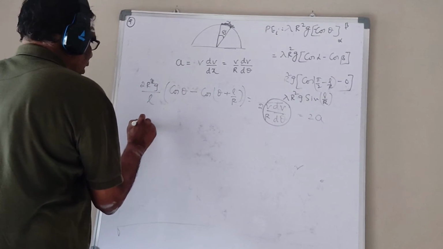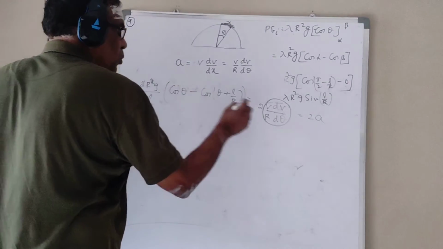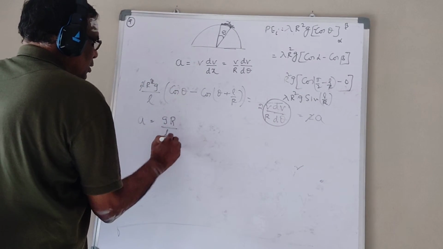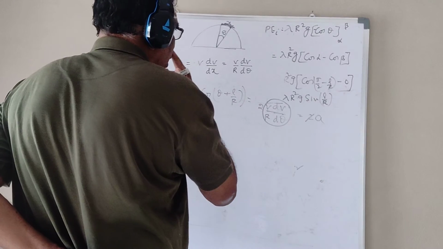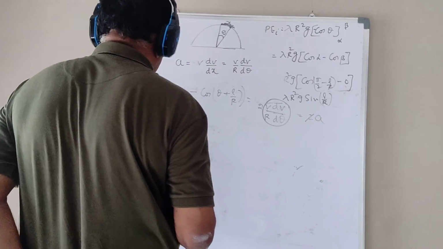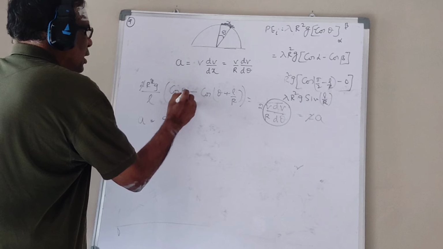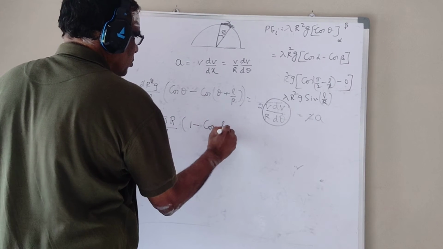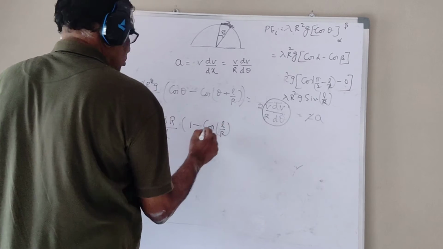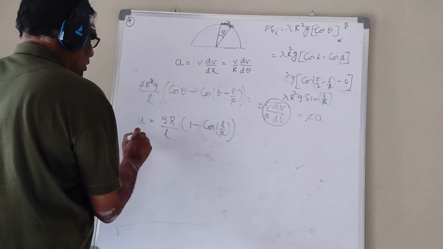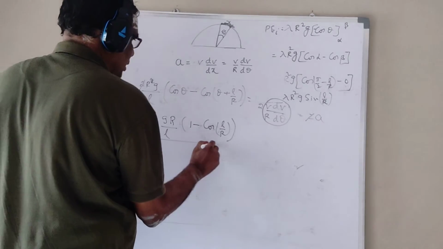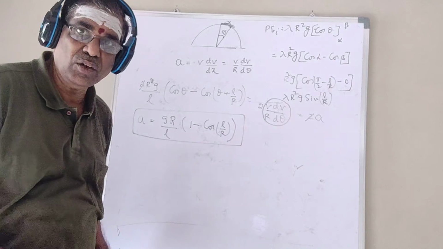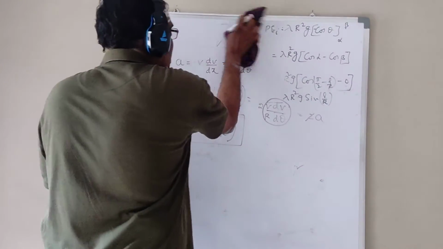So, A is equal to, 2 gets cancelled, G R by L, 1 minus cos of L by R. This is the acceleration. This way also they can ask questions. I hope there is no confusion here.